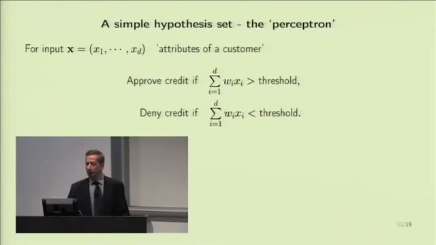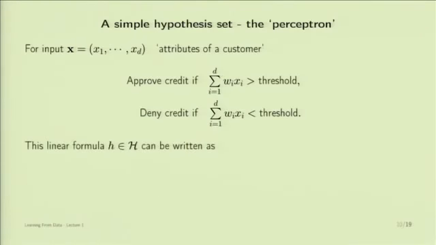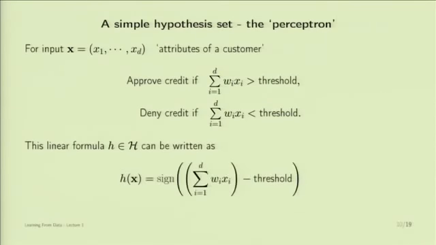So now we take this and we put it in the formalization we had. We have to define a hypothesis, small h, and this will tell us what is the hypothesis set that has all the hypotheses that have the same functional form. So you can write it down as this. This is a little bit long, but there is absolutely nothing to it. This is your credit score, and this is the threshold you compare to by subtracting.